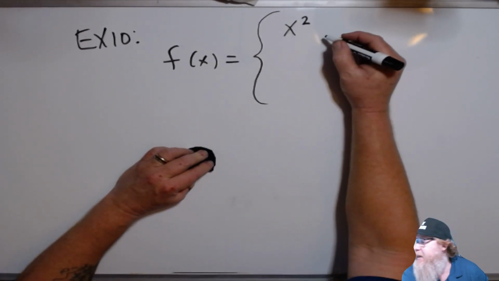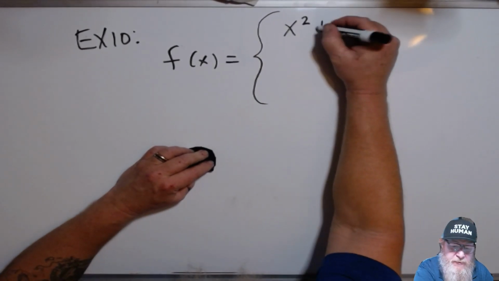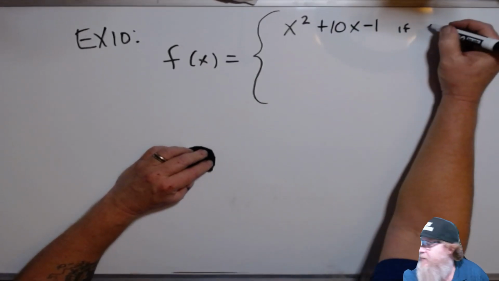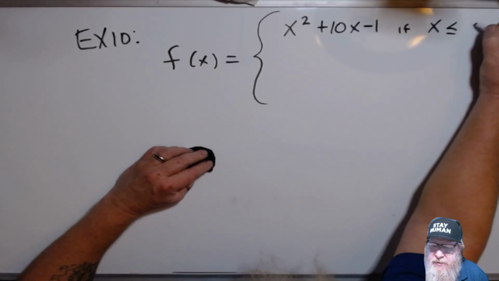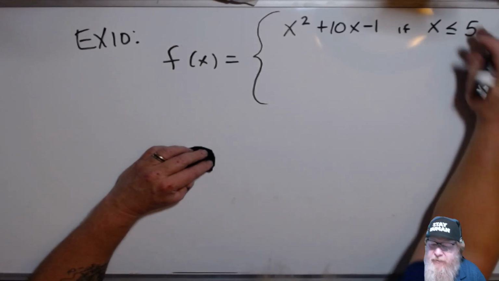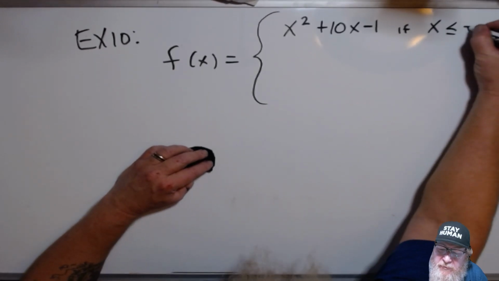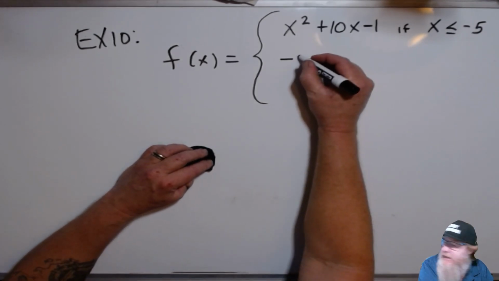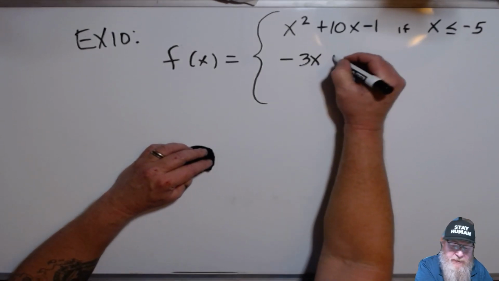It has three pieces, and they're all defined using inequalities. So I got x is less than or equal to -5. There's the -5 I was waiting for. The first piece is a parabola. The second piece is a line.